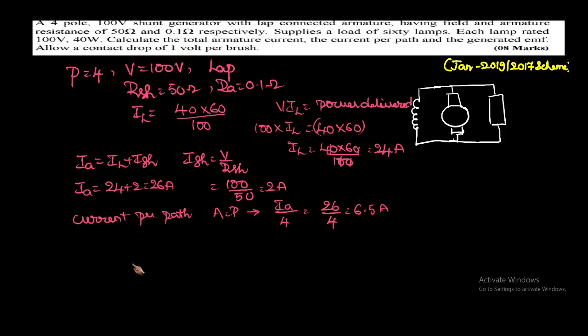Next is the generated EMF. EG is equal to V plus IA RA, and you have to consider the brush drop. V is 100 volts, IA is 26 into RA value of 0.1. For brush drop, we will consider minimum 2 brushes, so per brush 1 volt drop, that is 2 volts.